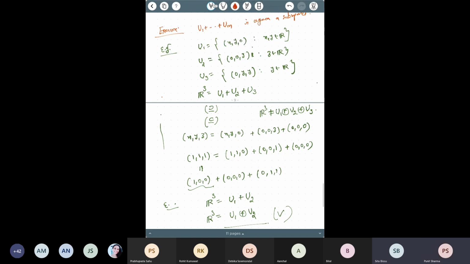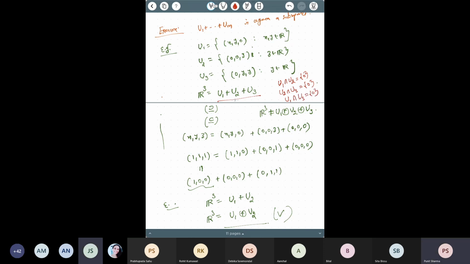So you look at the same example, U1, U2, U3 here. In this example, U1 intersection U2 is 0, U2 intersection U3 is 0, and U1 intersection U3 is also 0.